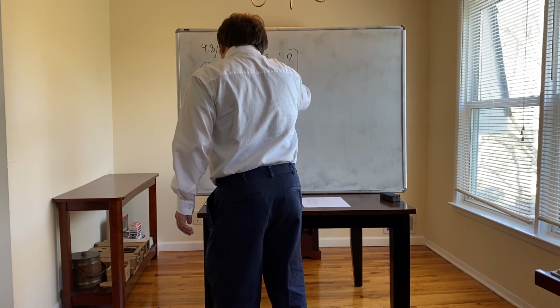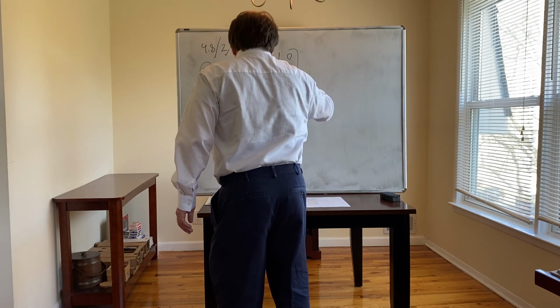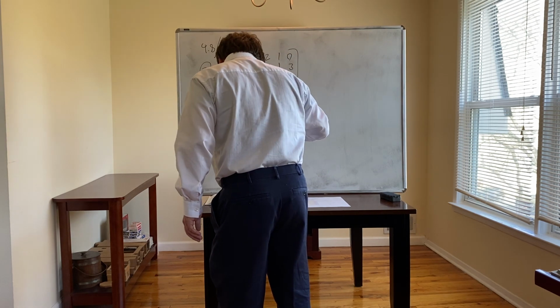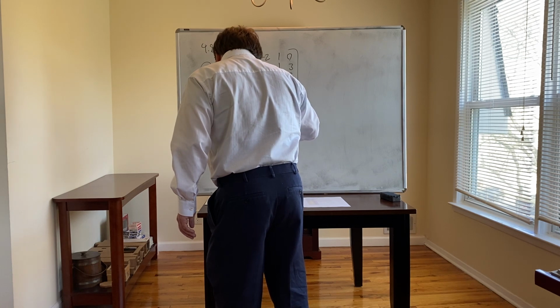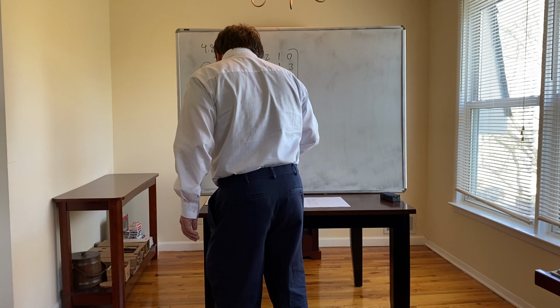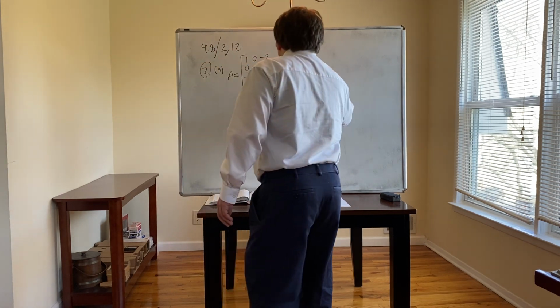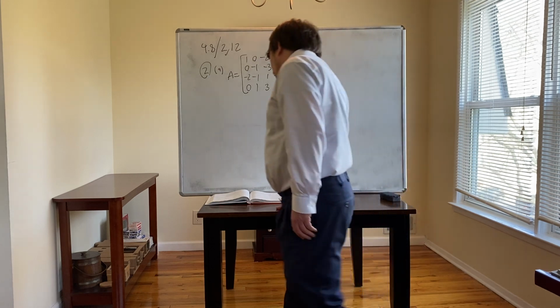This is the second row. Okay, so for part A, that's the matrix A.